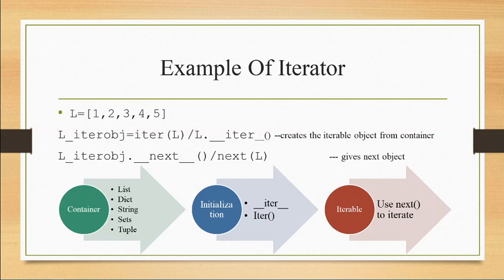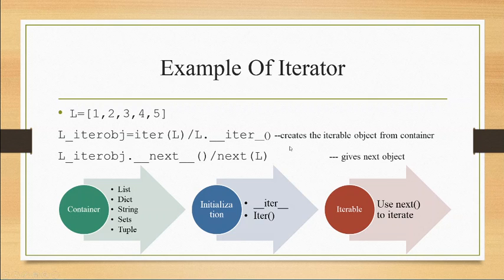So, to make the iterable object, we use the iter method to initialize it. Then on that iterable object, we can use the next method, which will give us the next item in the list. To signal the end of the list, it will give us the StopIteration exception.